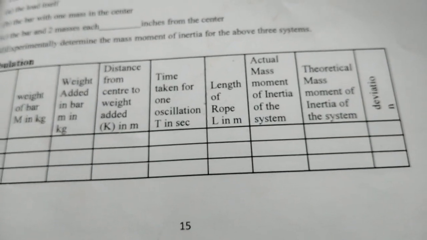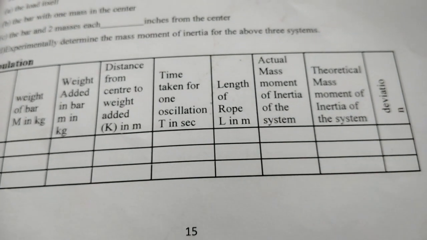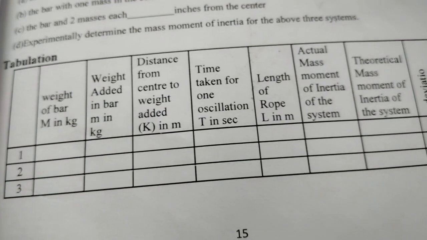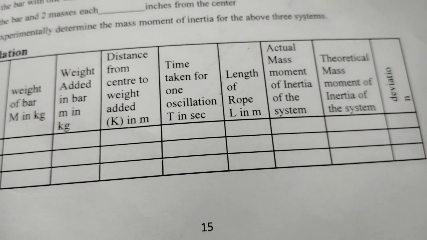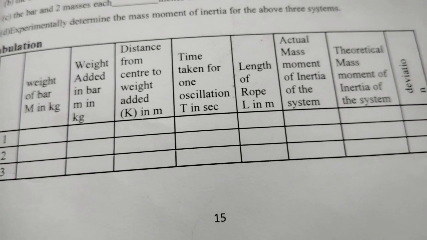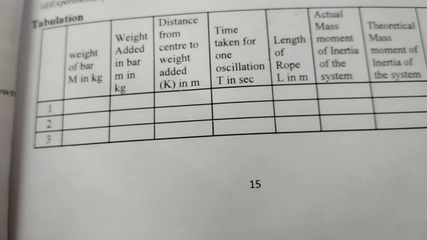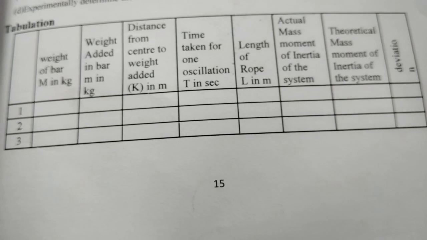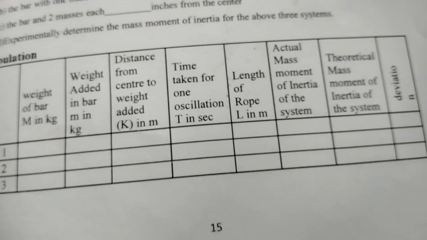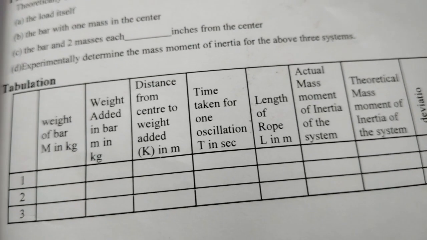Finally we find the deviation between actual and theoretical, and we go for the result. So the value of the mass moment of inertia of the body with the end weight masses is found out in the experiment and compared with the theoretical value.